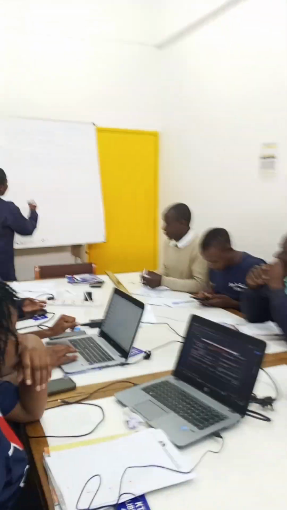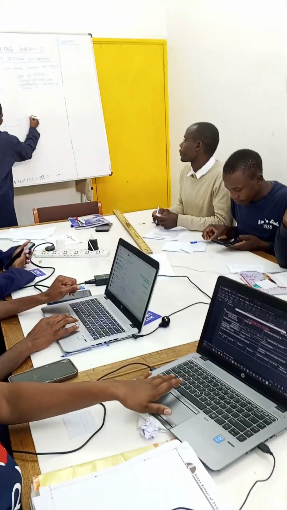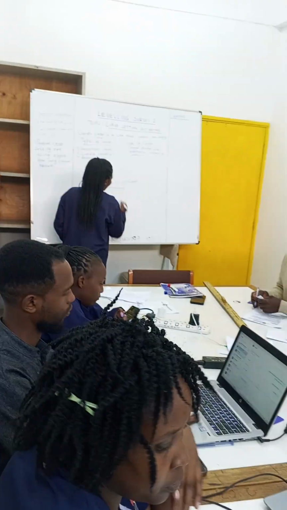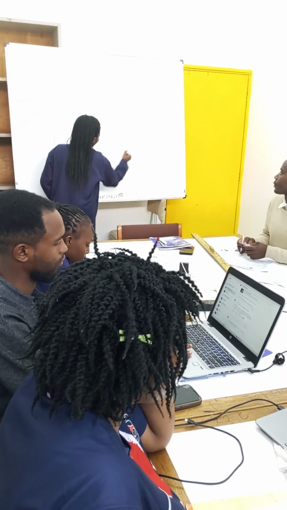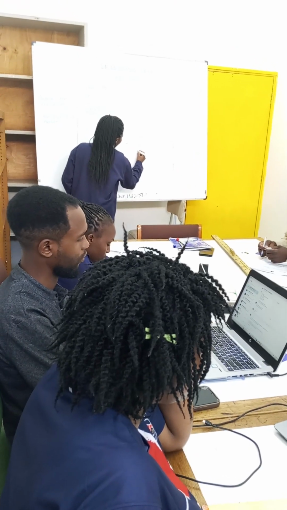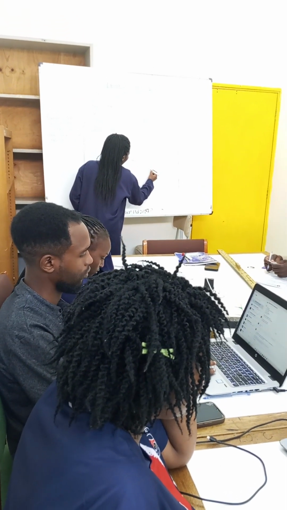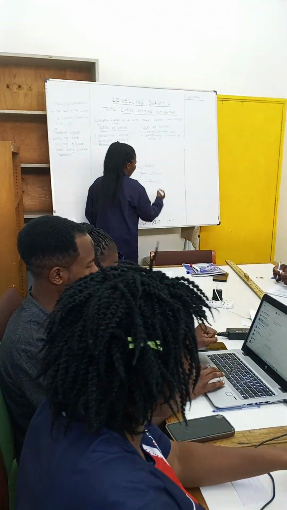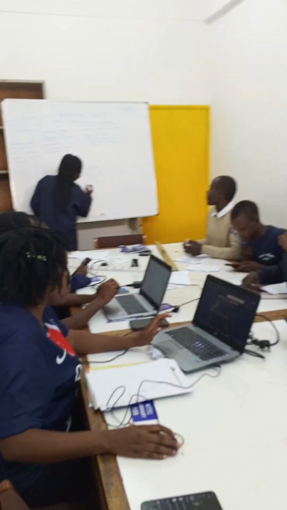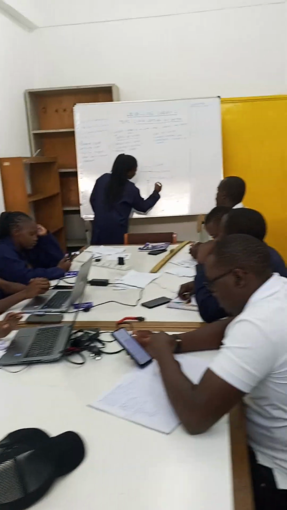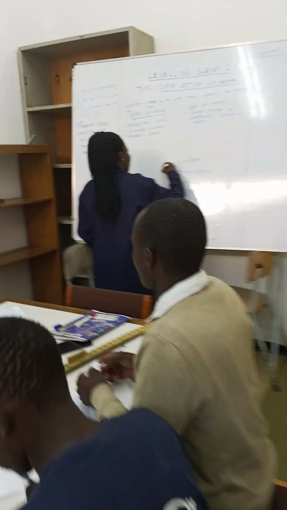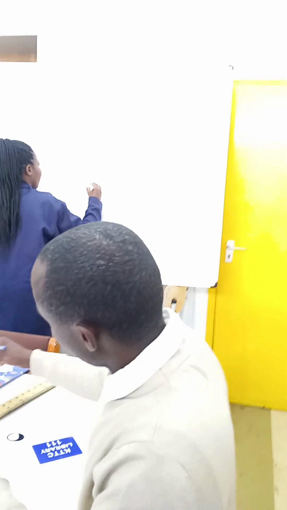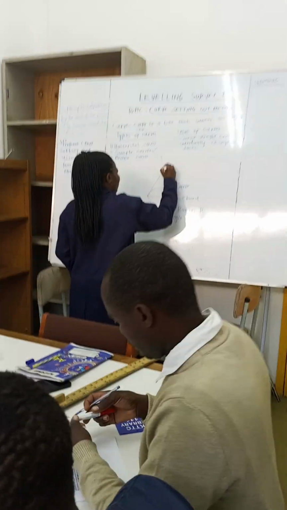We have the curve itself, we have the chord, and we have the radius denoted as R, and we have the angle theta.